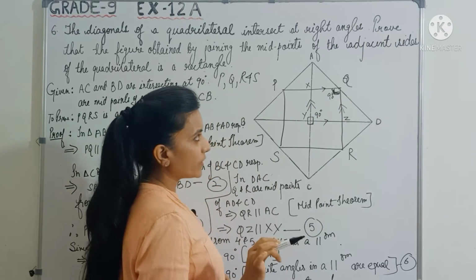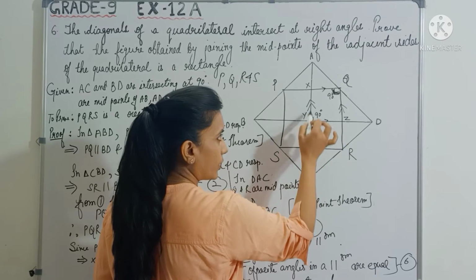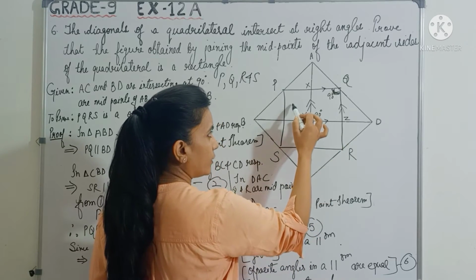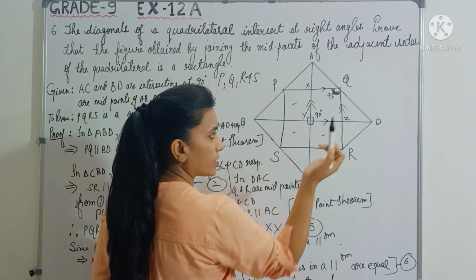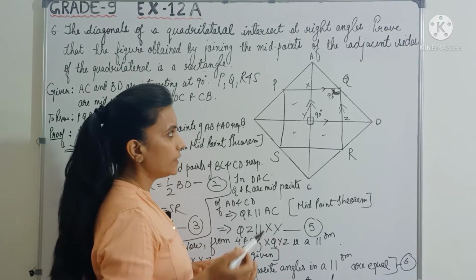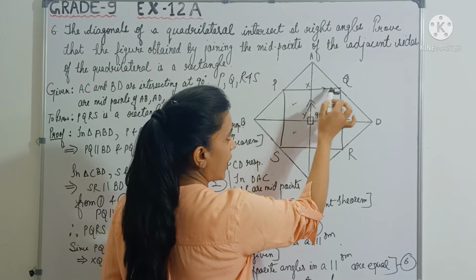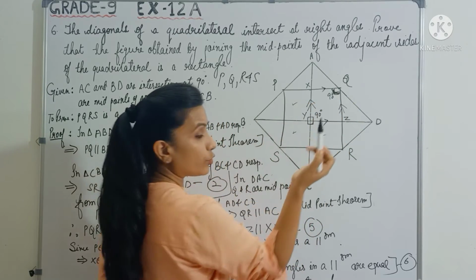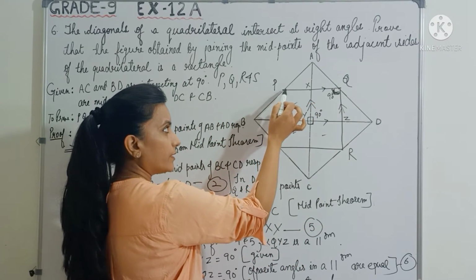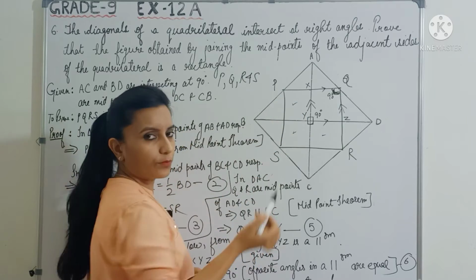So for that, what we did, we took this quadrilateral. You can take any quadrilateral, even this or this or this, right? Here I showed Q is 90 degrees, so I took this quadrilateral. If you want to show angle P is 90 degrees, take this quadrilateral. It's up to you.